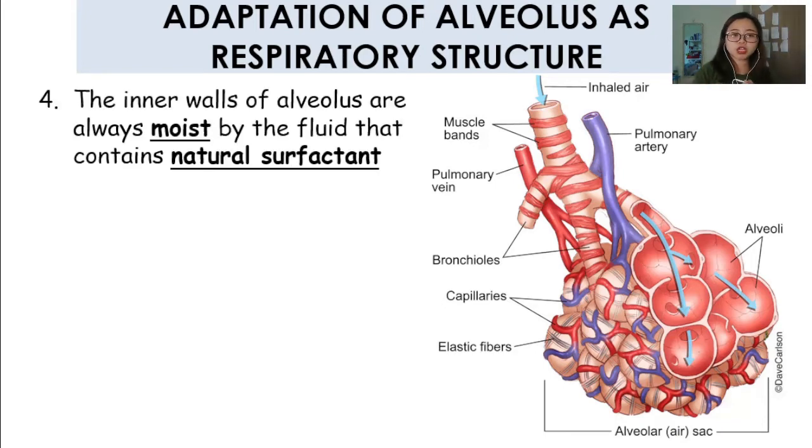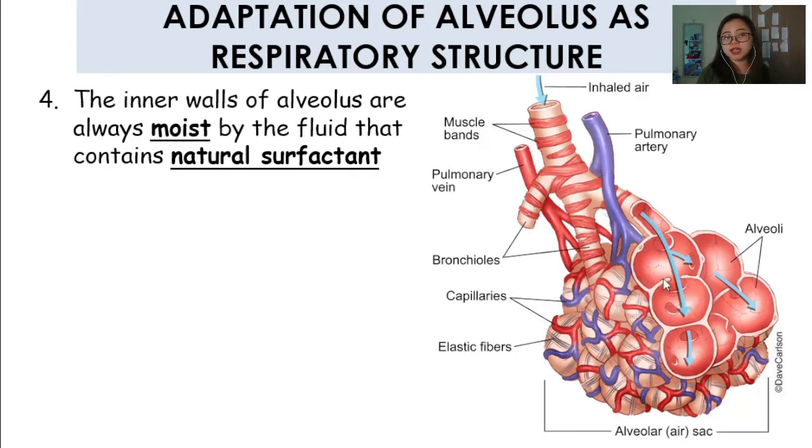Fourth adaptation of alveolus as a respiratory structure is that the inner walls of the alveolus are always moist by the fluid that contains natural surfactant. Apa maksud ayat di sini? Maksud ayat di sini adalah alveolus kita sentiasa basah. Sebab badan kita akan menghasilkan lendir, a fluid, that will keep the alveolus moist.